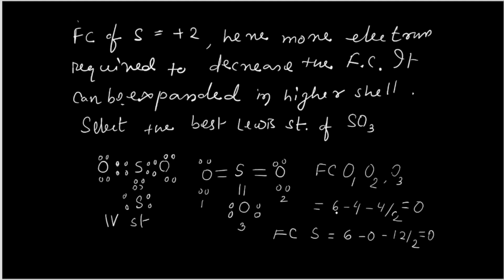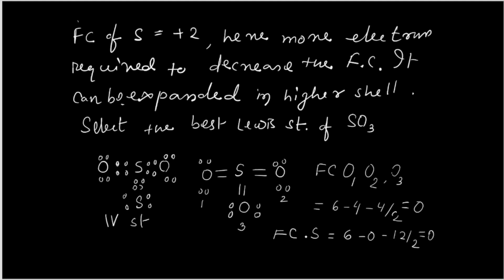Again see, this is the valence electron, this is the non-bonding electron, this is the bonding electron, and what is the value? That is 0. That means oxygen 1, 2, 3, the 3 oxygens, have a formal charge of 0.